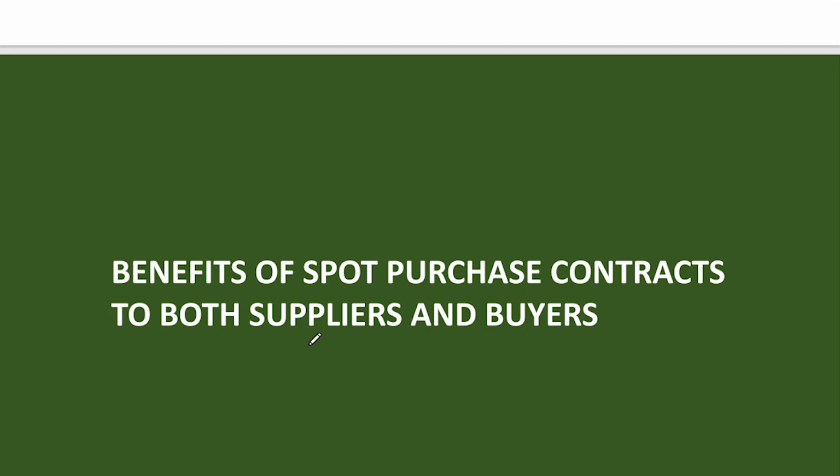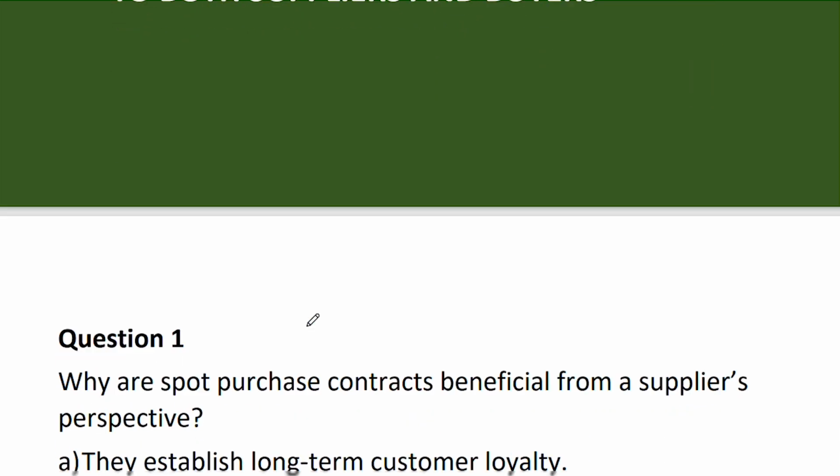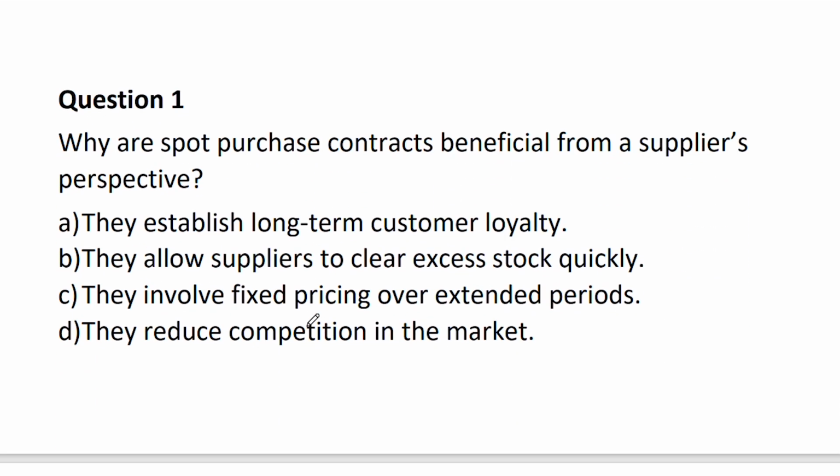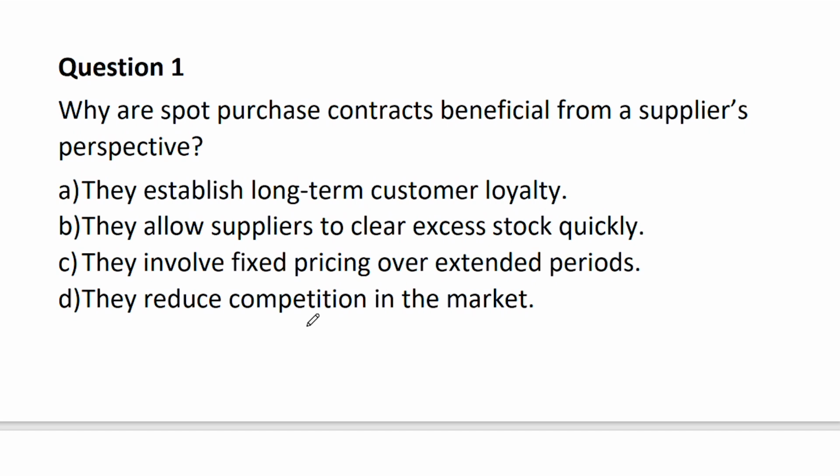So these questions could look something like this. For starters, we're looking at a benefit of spot purchase contracts to both the buyer and the supplier. Why are spot purchase contracts beneficial from a supplier's perspective? We just want to know, why is the supplier happy with it? A, they establish long-term customer loyalty?